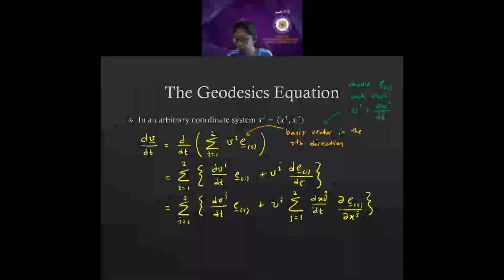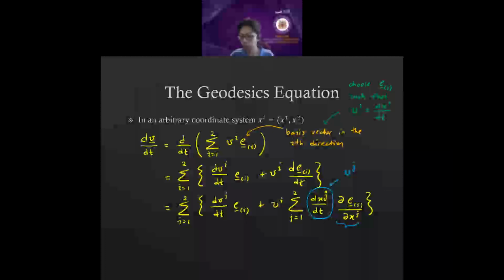Take note of this part over here. I have arranged it in such a way that this is equal to v^j. So here is v^j, and this part is where the gamma comes in, the Christoffel symbols.